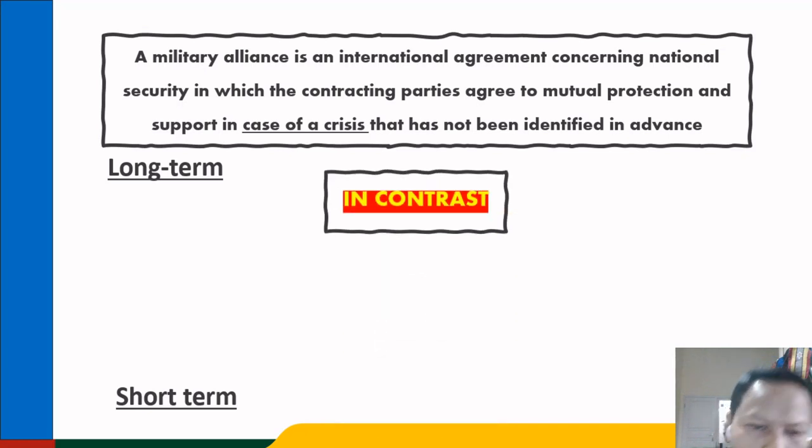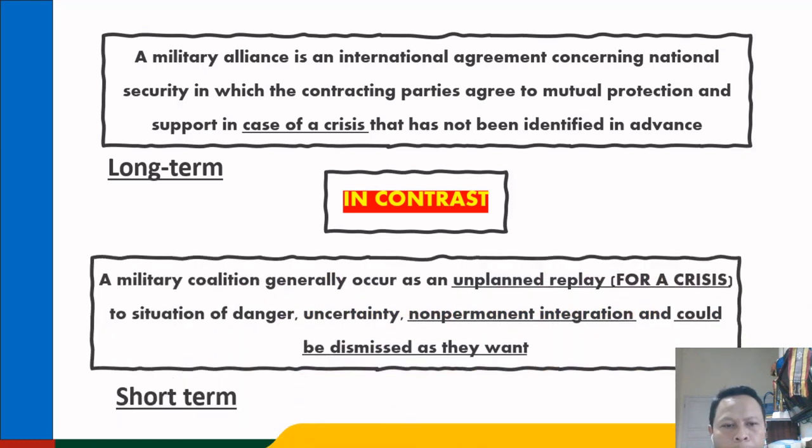Okay, in contrast, the opposite of military alliance is a military coalition. Coalition means that this occurs as an unplanned reply to a crisis. In a dangerous and unplanned situation, countries can suddenly have a temporary cooperation, temporary relations among military in case of danger.